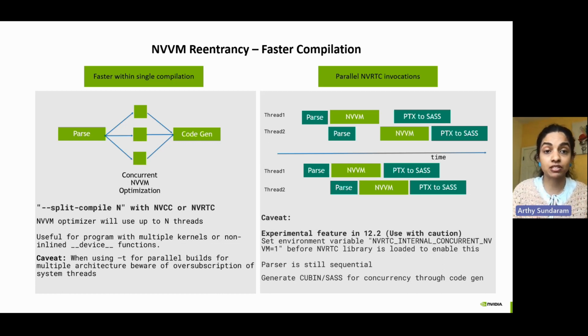When we say preview or experimental feature, it really means use it with caution. We share it because it gives us an opportunity to get this to you early and also get feedback, and you get to try it out without waiting for us to finally formalize it.